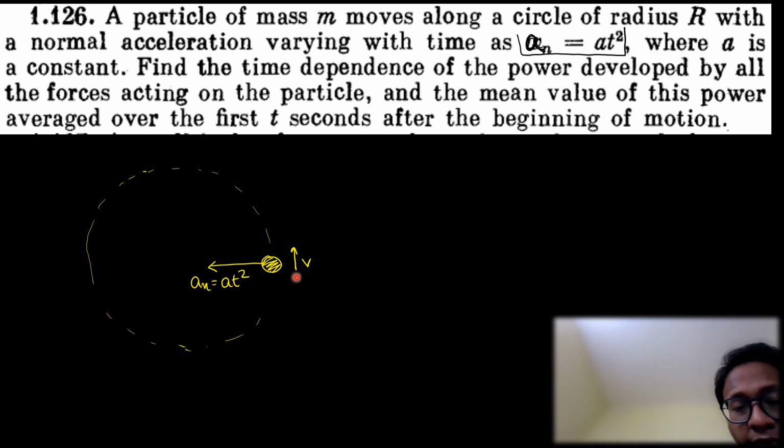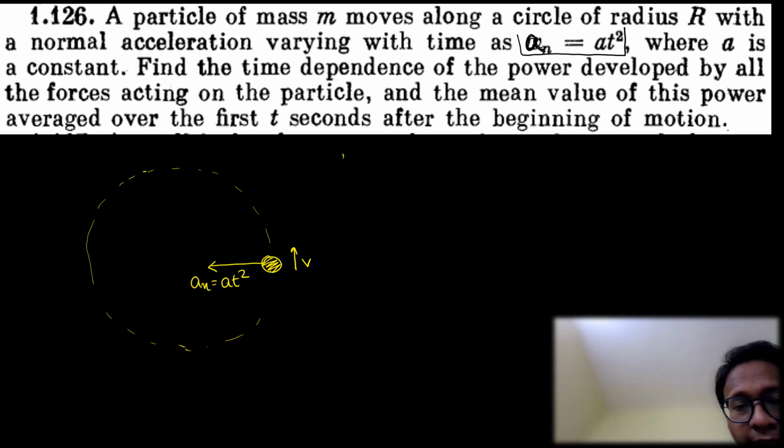Why? Because if the velocity remains constant, this centripetal acceleration will pull the particle towards itself and the particle will deviate slowly towards the center of the circle. So in order for this particle to continue in a circular orbit, the velocity also must increase to compensate the increase in centripetal acceleration. This much is understood.